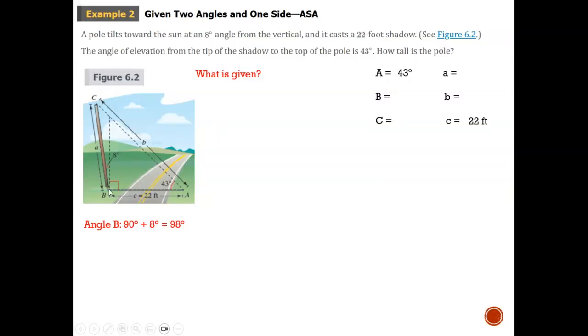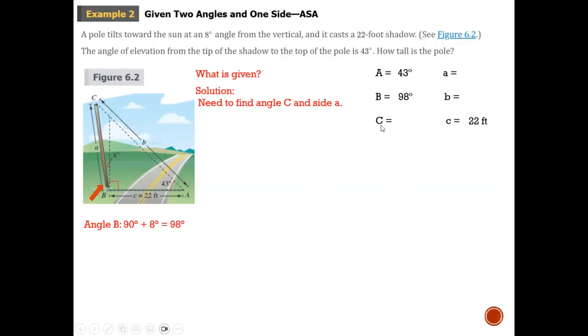Well, if we had that right angle right here, that's 90, and then it tilts 8 degrees beyond that. So then that means that that angle B right there is actually 98 degrees. So we have the 90 plus that 8-degree tilt. So this measure is 98 degrees. So that's how we have that, and we have that B value, okay?